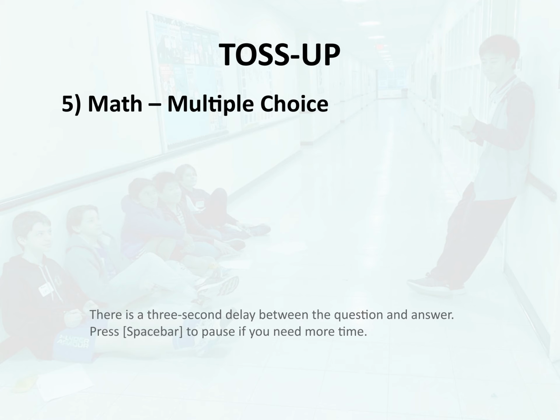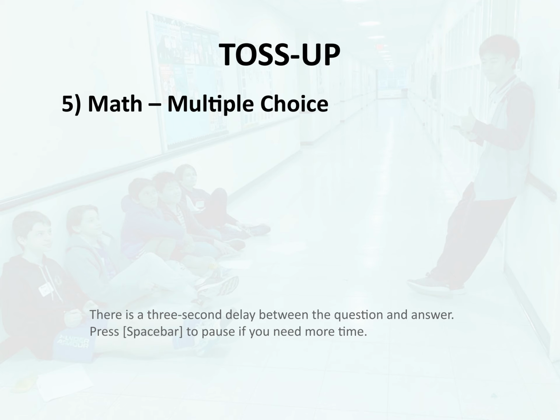Toss-up 5. Math, multiple choice. If A and B are mutually exclusive events, and the probability of A is 0.3 and the probability of B is 0.2, which of the following statements is not true? W. The probability of A and B is 0.06.